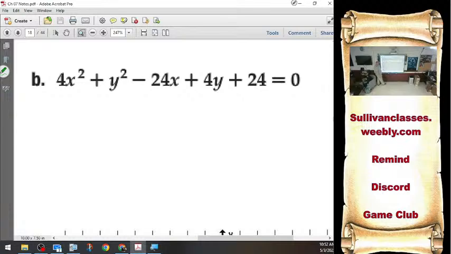I got to complete the square twice because I see 2 squared things. Step 1 would be to put those things together. All of your x stuff together. And now, because I've got 2 squared things, also all of my y stuff together.